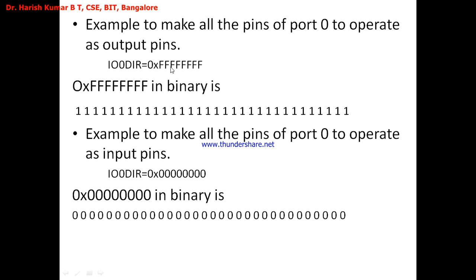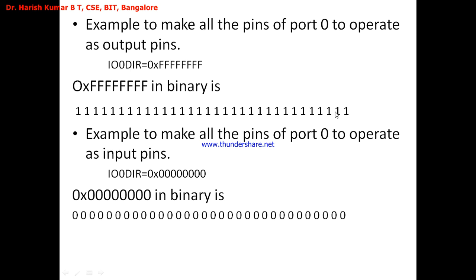Now what is this in binary? In this register IO0DIR, what is the 0th bit? It is 1. This 1 in the register IO0DIR will make the port pin P0.0 act as output, and similarly this bit 1 in IO0DIR, you will find all these bits are assigned to IO0DIR.